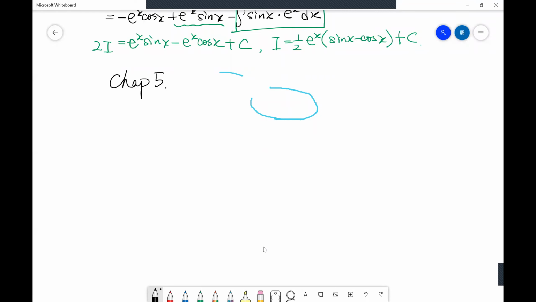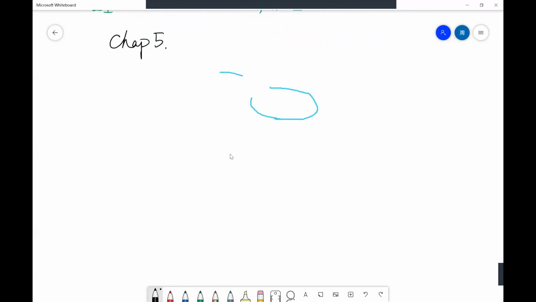Here, we will learn integration, or we will learn definite integral here. And first, we should know how the definite integral comes from. That comes from a geometric matter. If we want to calculate the area of a region, for example, the region here with the length maybe 1, and the width half.